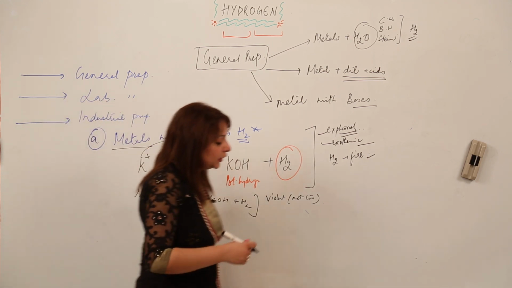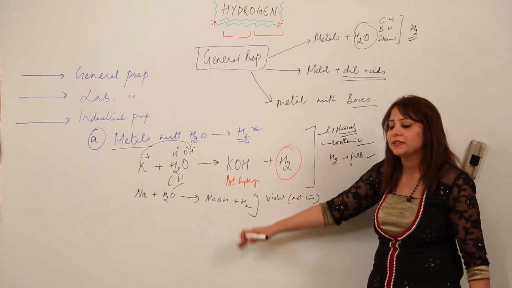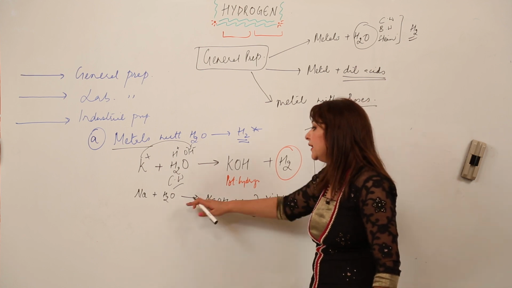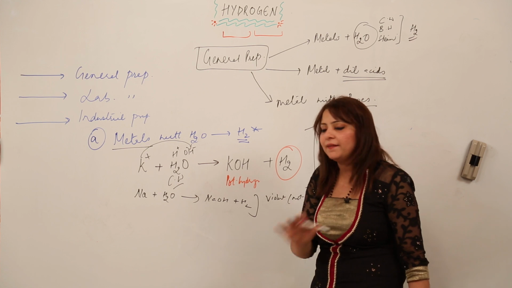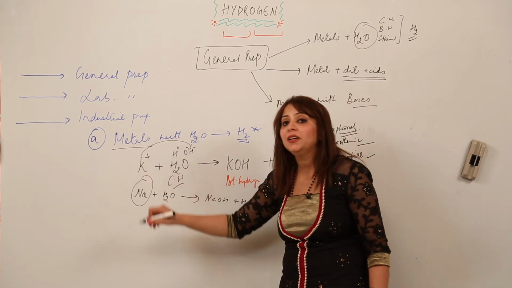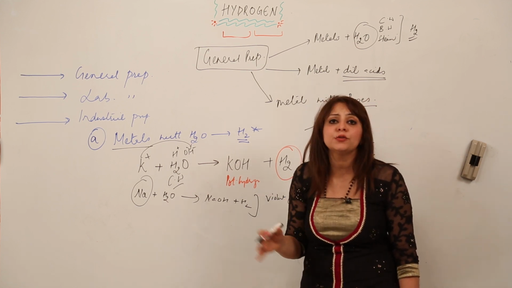But what is the limitation? One more problem is faced in this reaction. What is that? Just listen to me carefully. In this reaction, the reaction is violent and explosive, and moreover, sodium melts into a globule and darts into the water.